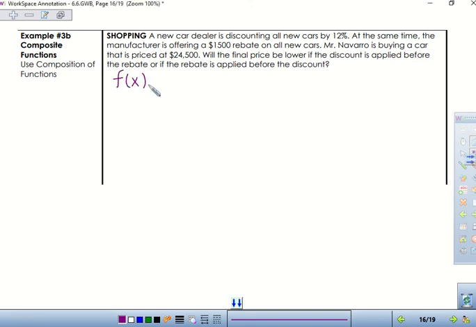So, for the percentage, I'm going to call it f of x. If they're taking a 12% discount off of the car, what amount are you going to pay? 0.88. And then, what's g of x going to be? The price of the car. Good.